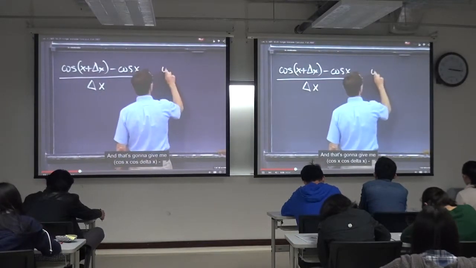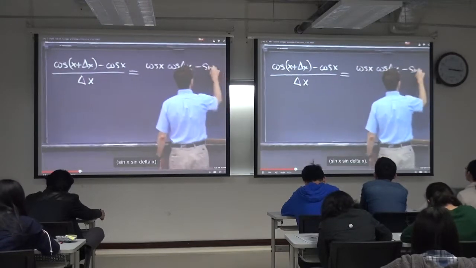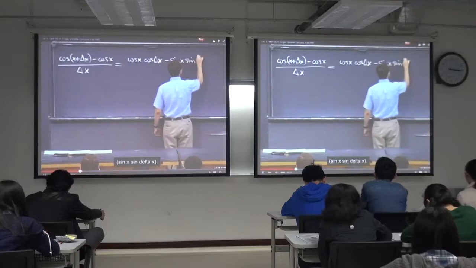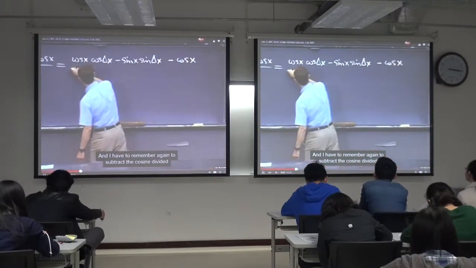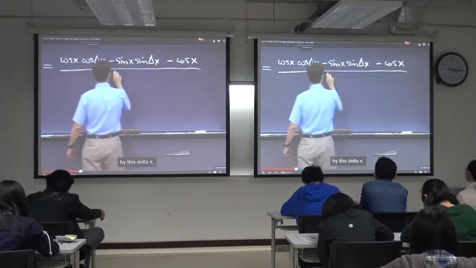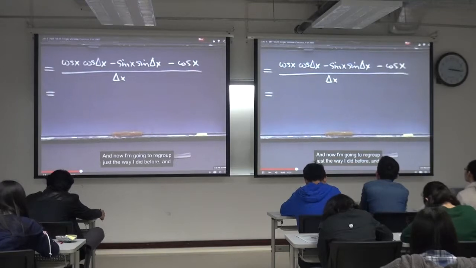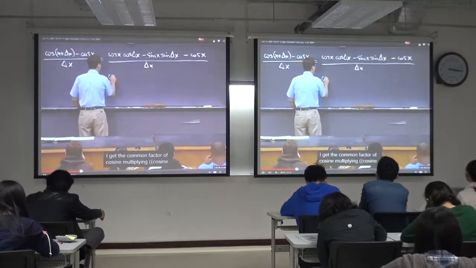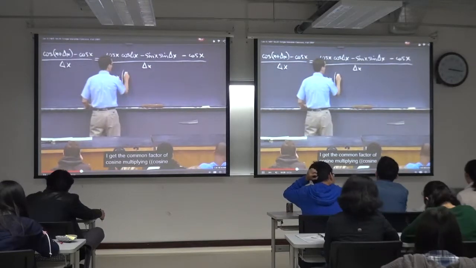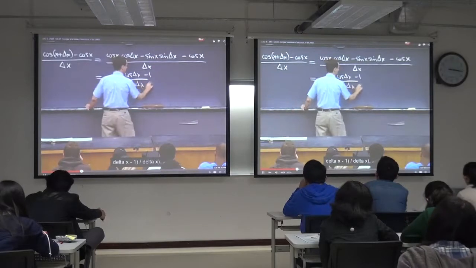And that's going to give me cosine x cosine delta x, minus sine x sine delta x, and I have to remember again to subtract cosine x, divided by this delta x. And now I'm going to regroup just the way I did before, and I get the common factor of cosine x multiplying cosine delta x minus 1 divided by delta x.